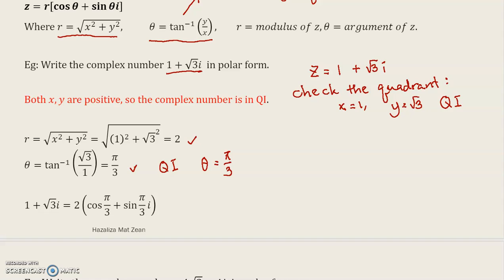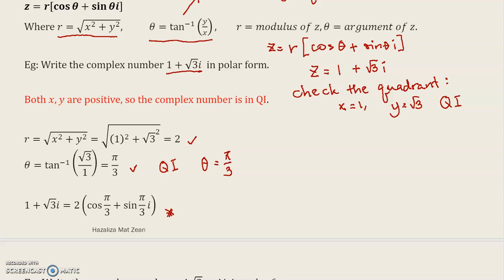So the complex number 1 plus square root 3 i is 2 times cos pi over 3 plus i sin pi over 3, because the polar form of a complex number is r times cos theta plus i sin theta. We have got that, then it is done.